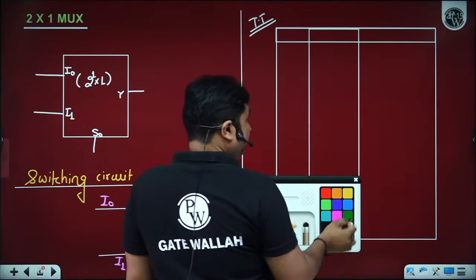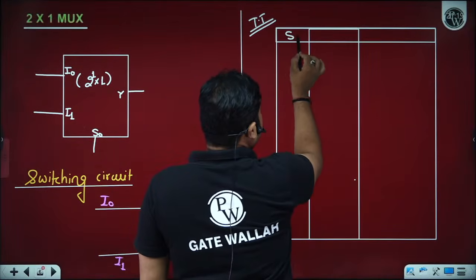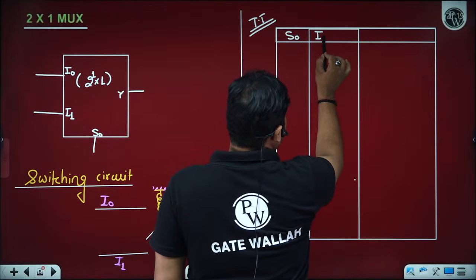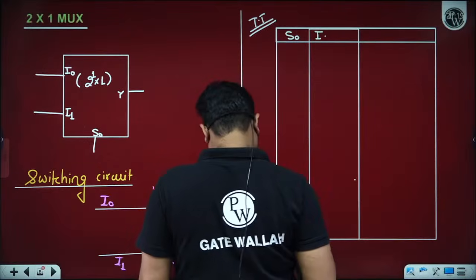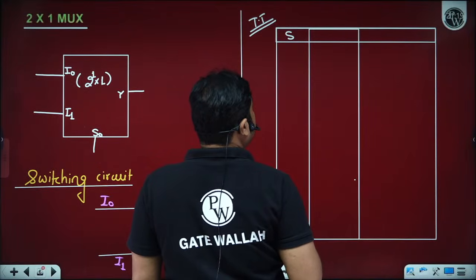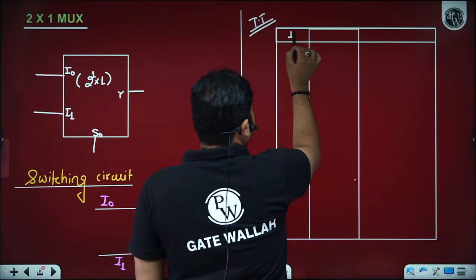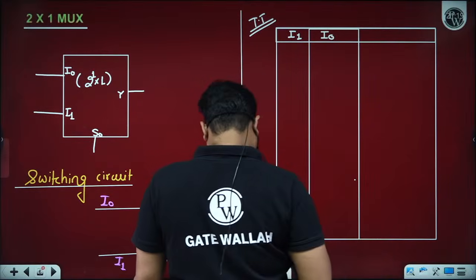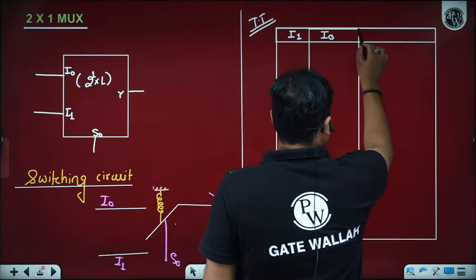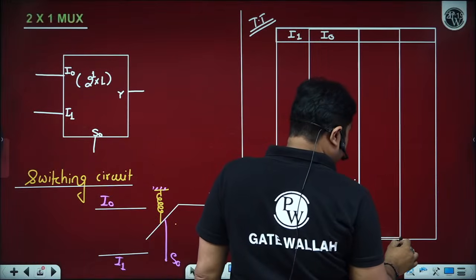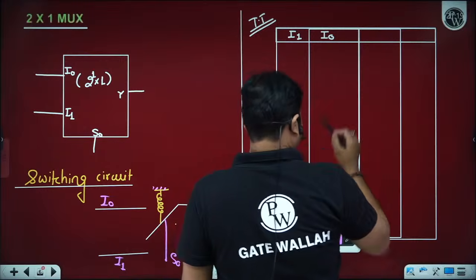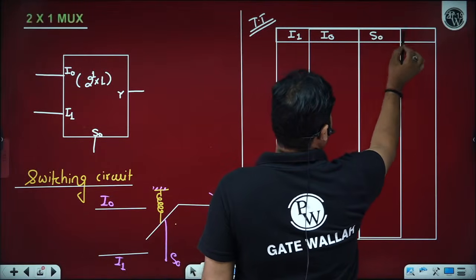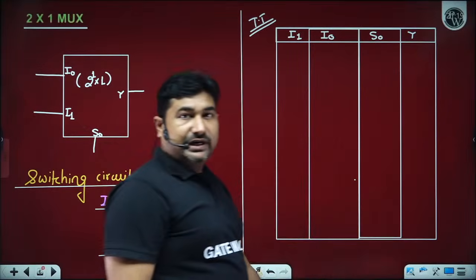So sir, we have a select S0, inputs I0, I1. Based upon the select condition, the information given to I0 or I1 is transferred to output Y. Is it okay? Yes, sir.